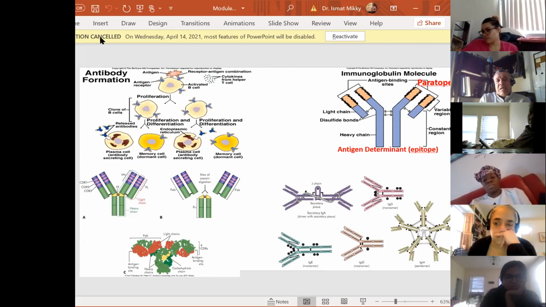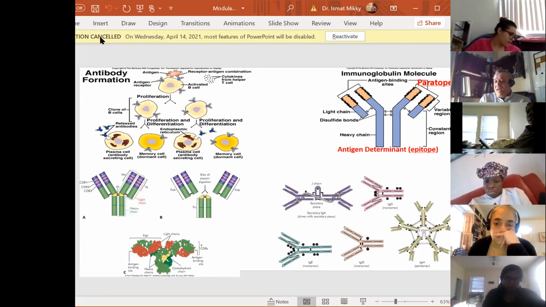And type A, IgA, on the bottom right lower corner of the slide. The IgA, you see that J chain, there is a specific J chain.